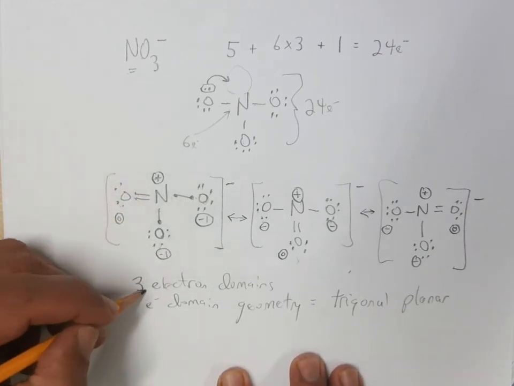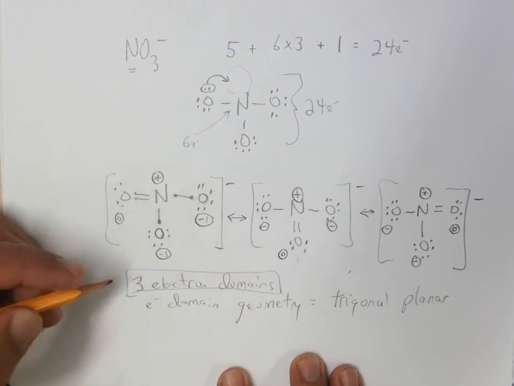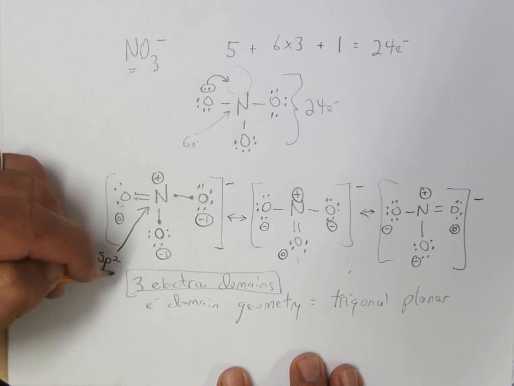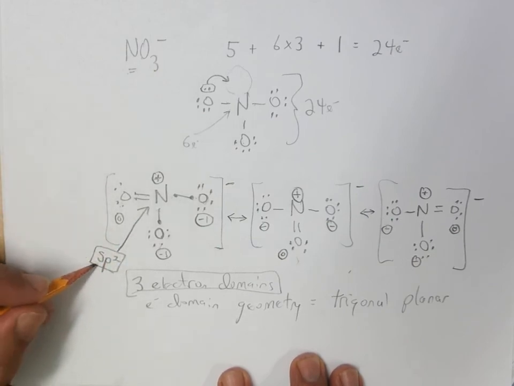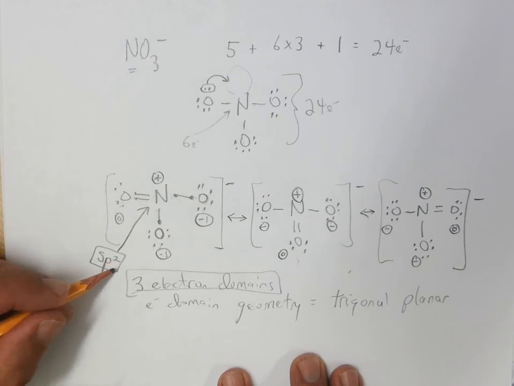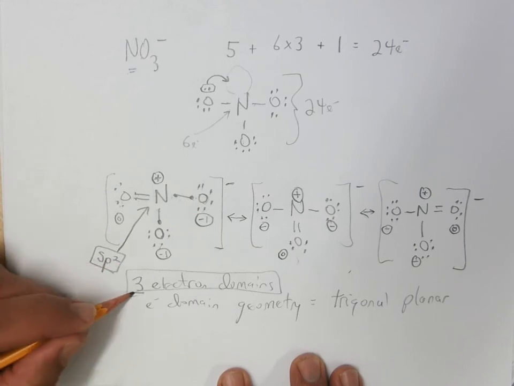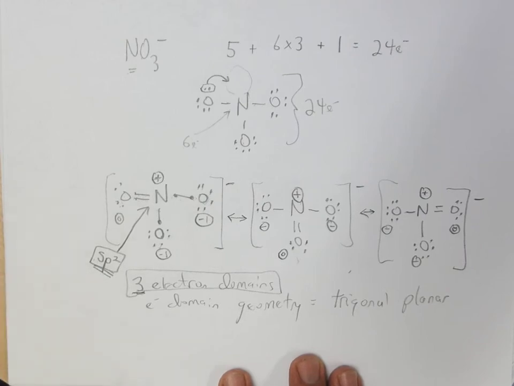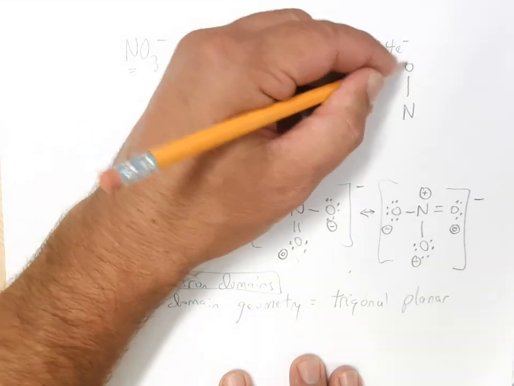And if there are 3 electron domains, we need to have the 3 hybrid orbitals, and we use the 3 atomic orbitals to build them. So we have sp2, we use 2 p orbitals and an s orbital to get the 3 orbitals to form the 3 electron domains, and then, as we'll learn later when we talk about hybridization, the 3 regular atomic orbitals hybridize to form 3 sp2 hybrid orbitals, and they form the triangle we need to have the actual geometry of the molecule.